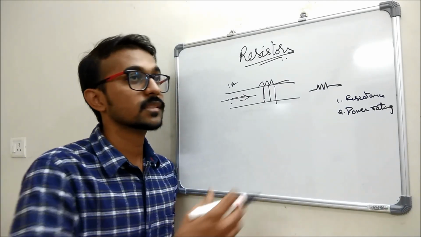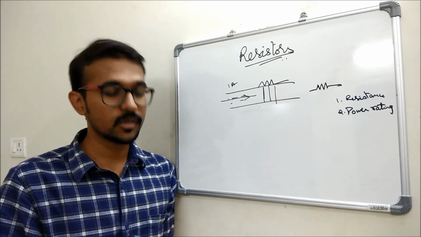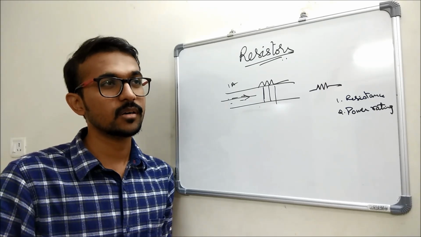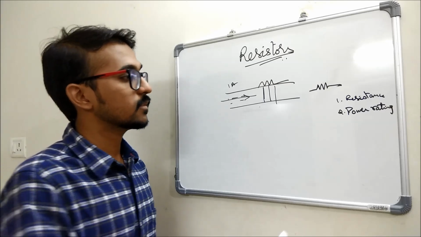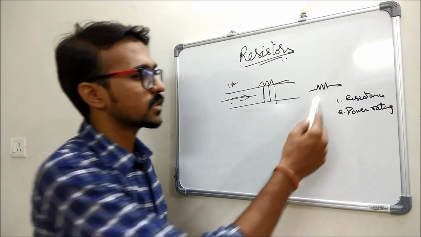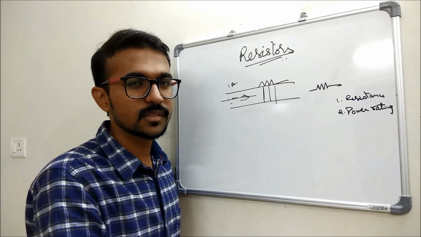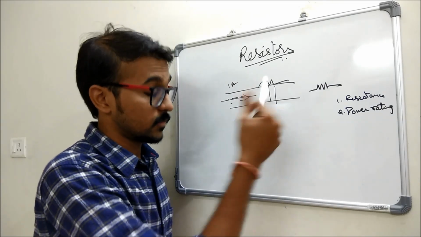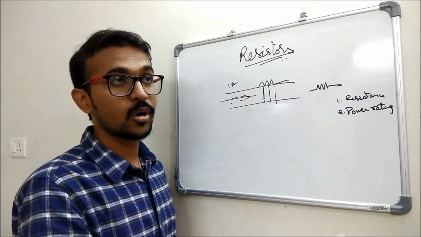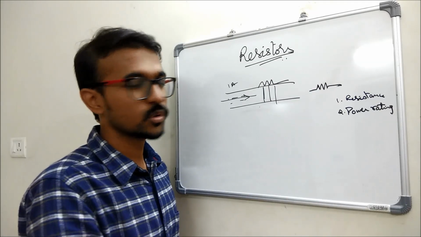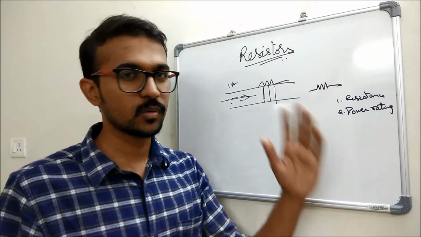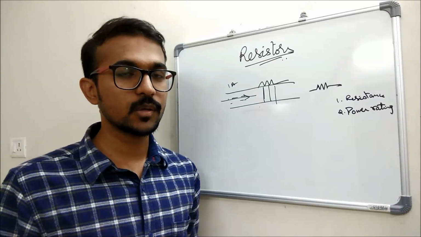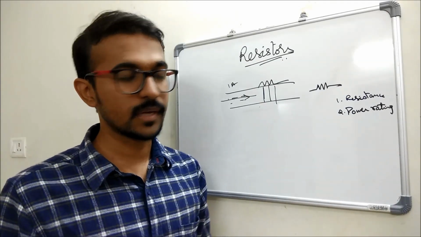Say for example, there is a circuit operating at around 1/10 watt or 1/4 watt power, then there's no use of using a resistor of around 10 watt or 1 watt, which is of no use. You can go with a resistor of power rating 1/4 watt or 1/10 watt, and it will do exactly what it needs to do there.